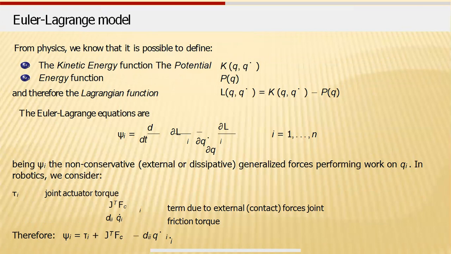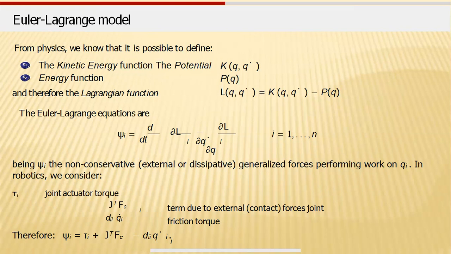Normally from physics, we have the possibility of designing the kinetic energy K of Q, Q dot, and the potential energy function denoted with P of Q. Here Q refers to the link, K is the kinetic energy and P is the potential energy function.